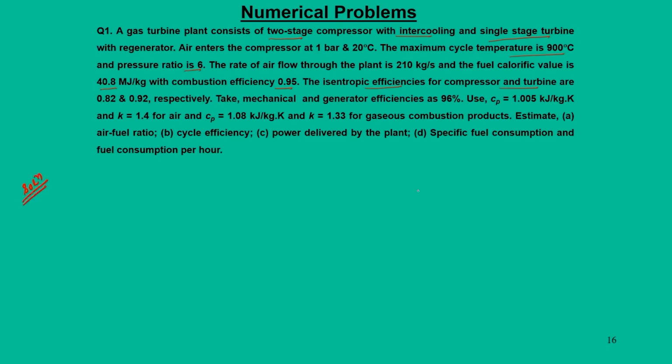So, we say that we have a compressor C1 and that is second compressor C2. It is coupled with turbine which is a single stage, and after this compressor we have a regenerator or heat exchanger.